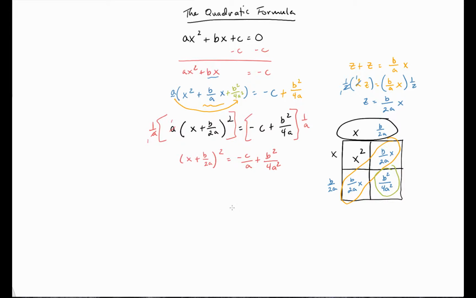So I need to combine these together because it's easier to take the square root of a monomial than a binomial. So I'm going to multiply the top and bottom here by 4a to get a common denominator. All right, and those of you who are familiar with the formula are probably starting to see it.